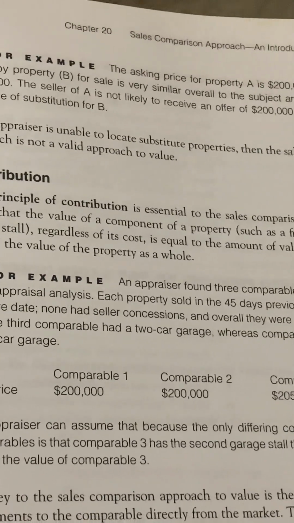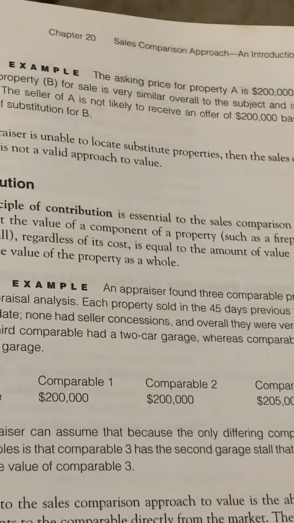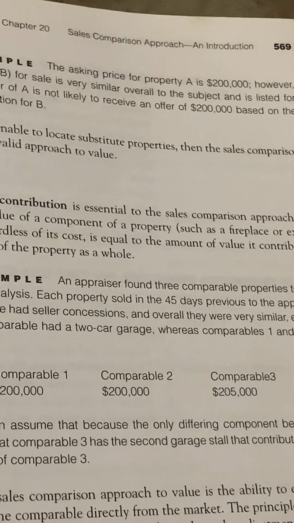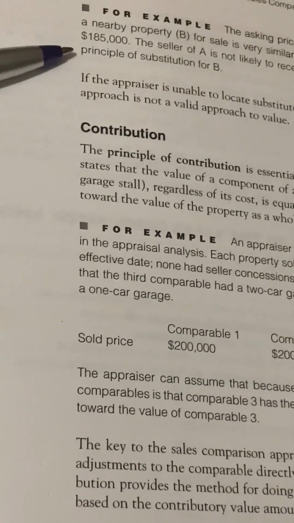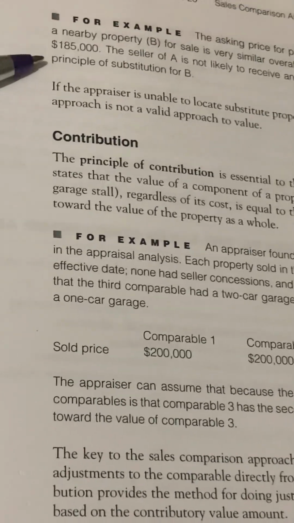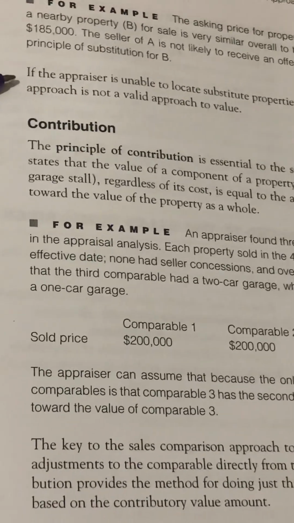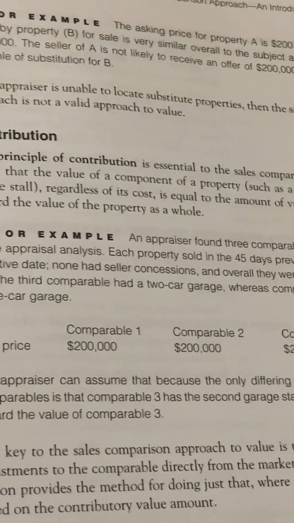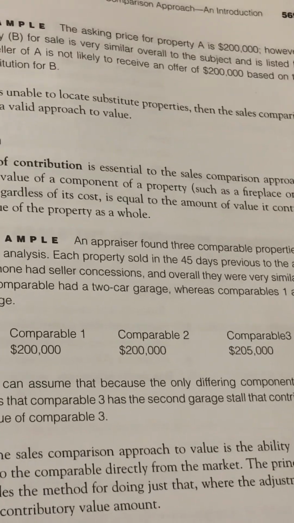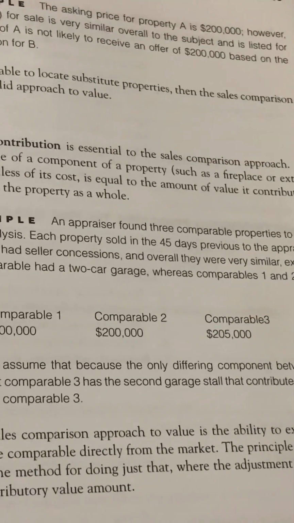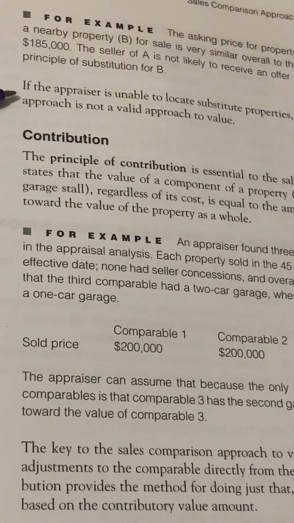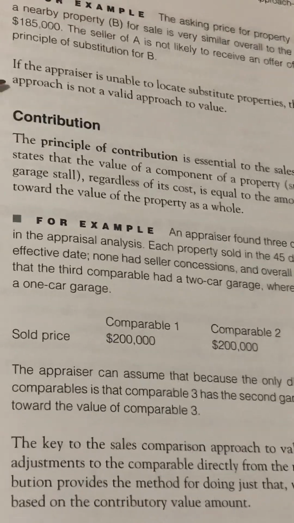The seller of house A is not likely to receive an offer of $200,000 based on the principle of substitution for house B. If the appraiser is unable to locate substitute properties, then the sales comparison approach is not a valid approach to value.